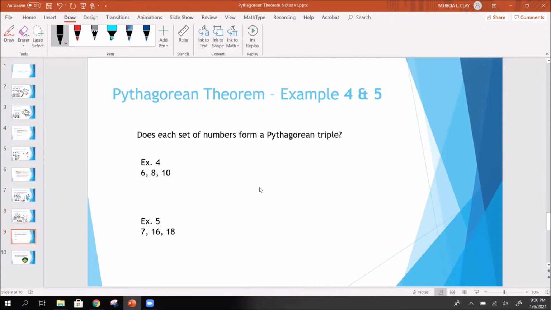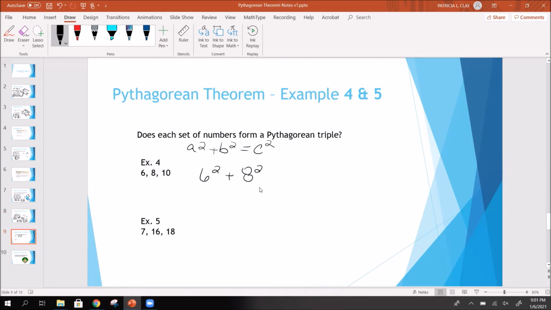Okay, let's do some examples of our triples real quick. So does each set of numbers form a Pythagorean triple? So remember, a triple means the numbers work out to be whole numbers. Okay? So let's do, remember our formula. Let me write it up here so we have it. Make sure we all remember it. Okay, so we have 6 squared plus 8 squared.